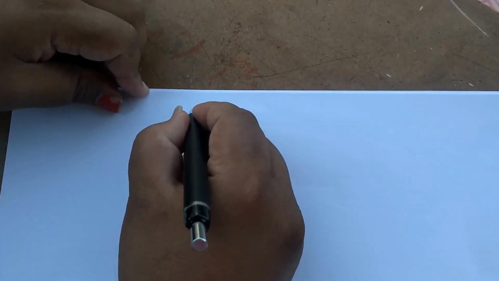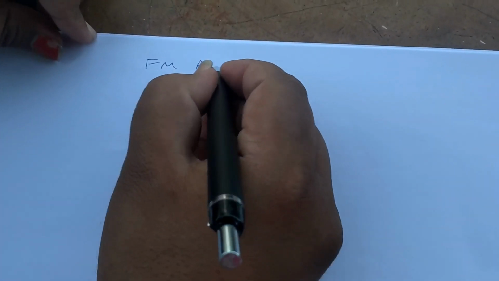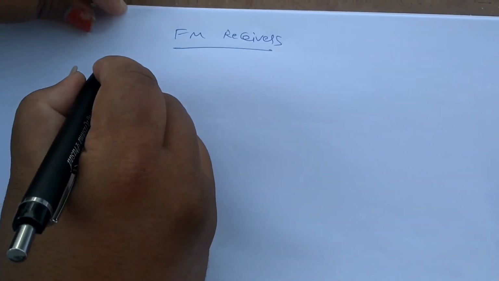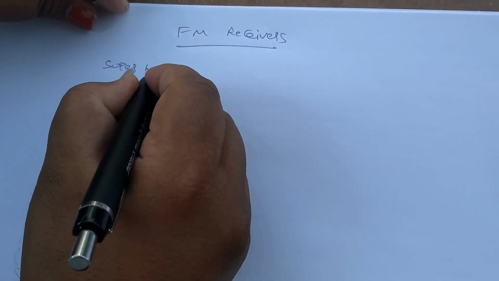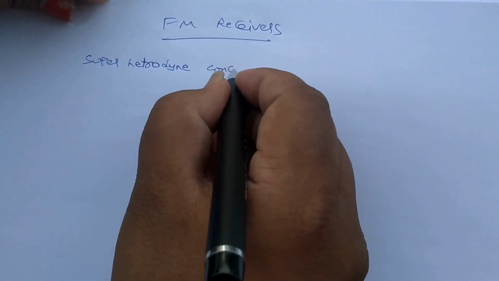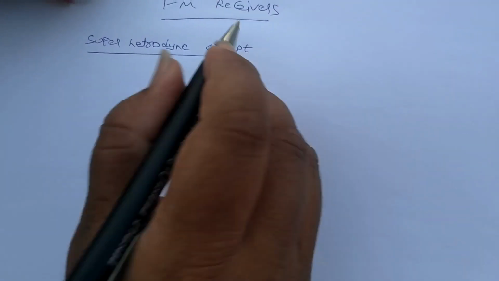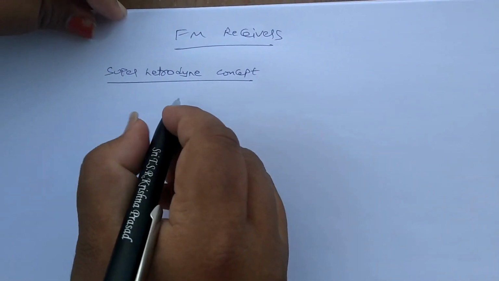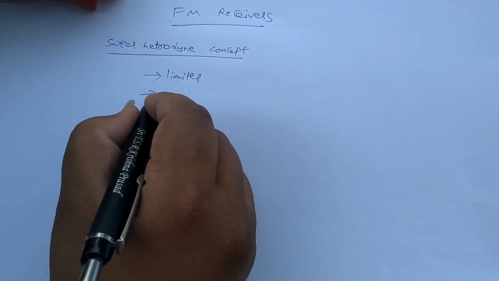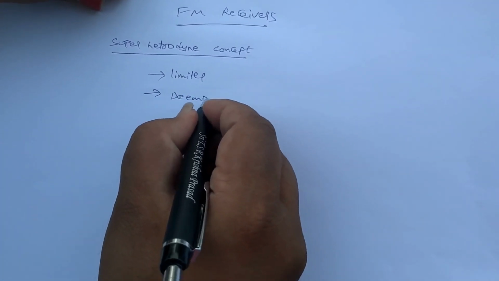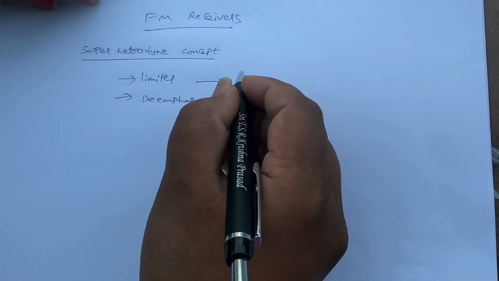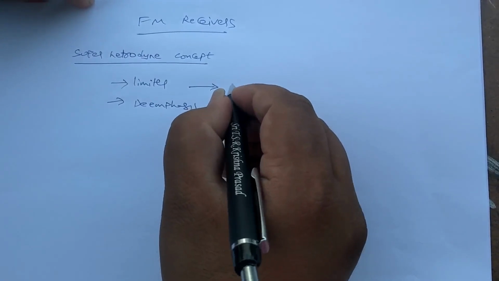Now we'll discuss FM receivers, which are the same as AM receivers, and here also we use the superheterodyne concept. Compared to the AM receivers, the additional components are the limiter and the de-emphasis. Because of the transmission of the FM signal, the amplitude may not be constant.